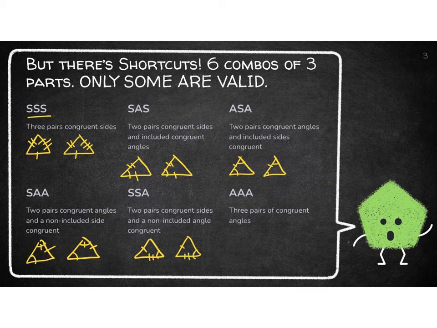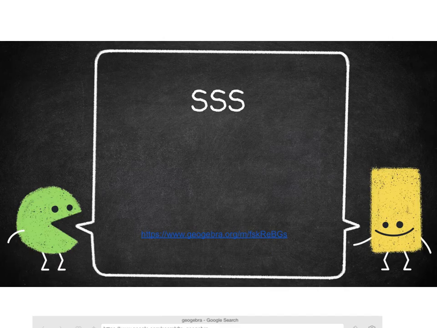Finally, we have angle, angle, angle, which is where we have all of the angles showing that they are congruent. Now, these are all the combinations, but not all of them work. And so we're actually going to look at all of them and determine which ones work and which ones are valid.